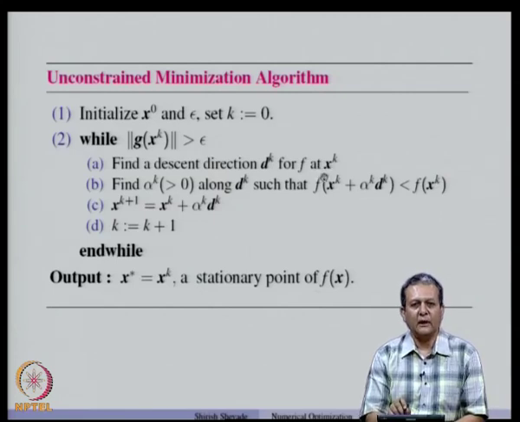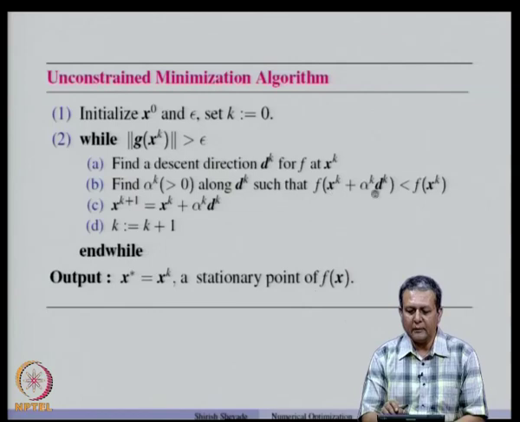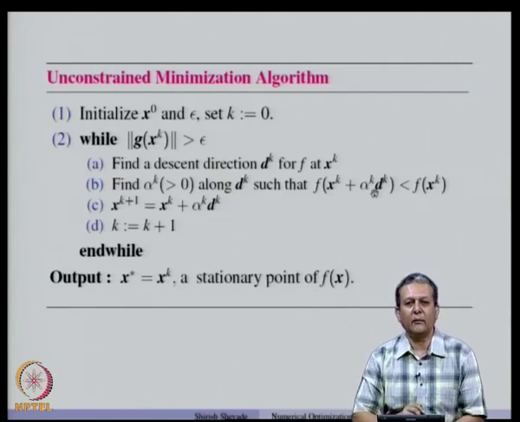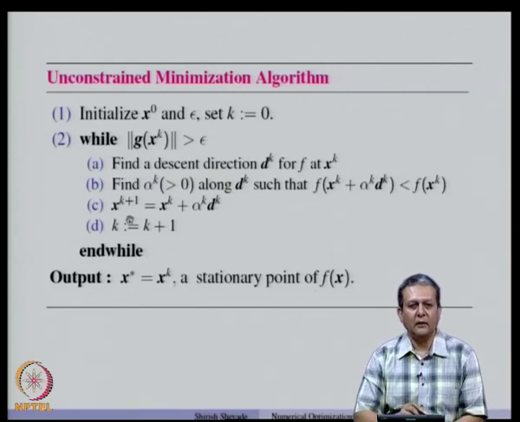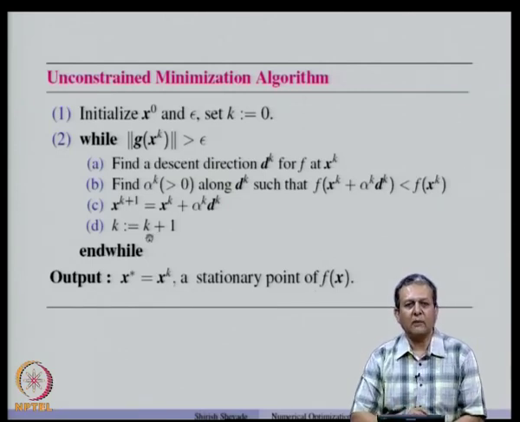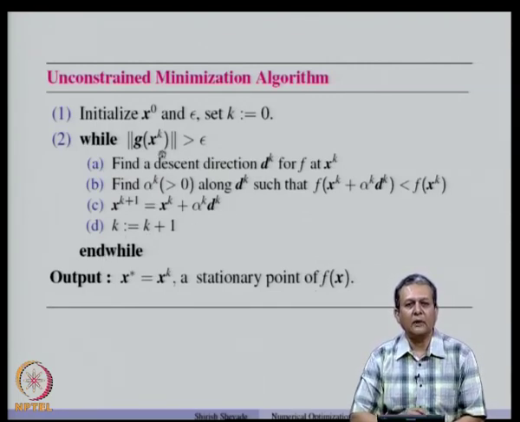After having found a descent direction, the next step is to get alpha k greater than 0 along the direction d k, such that f of x k plus alpha k d k is less than f of x k, and this point is nothing but the new point x k plus 1. So, the new point is set appropriately, the iteration counter is increased by 1, and the procedure is repeated till the norm of the gradient vector is less than or equal to epsilon.